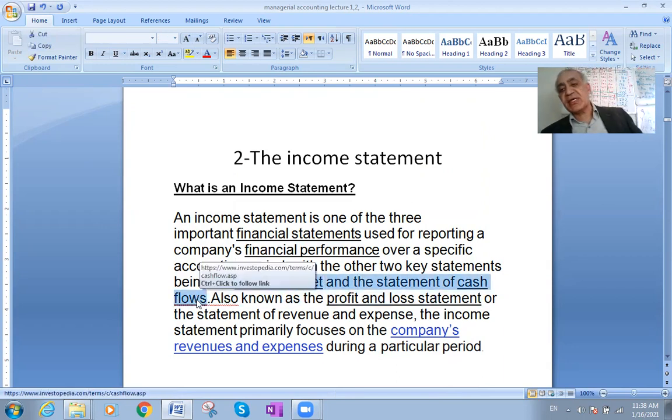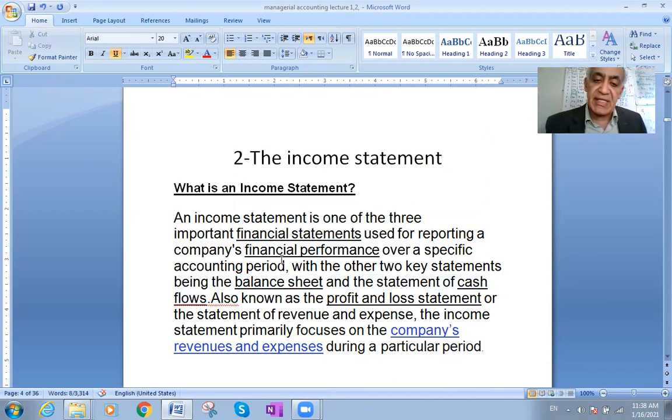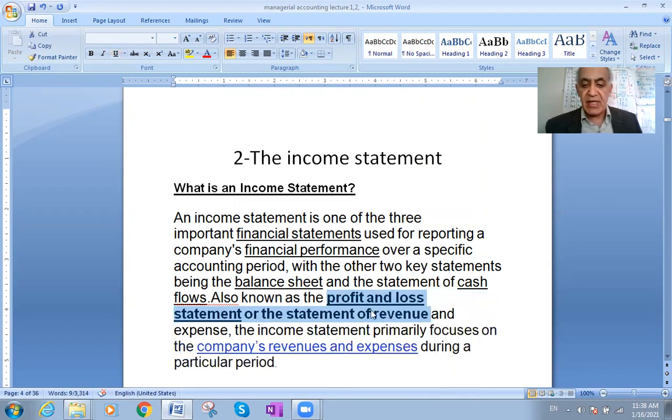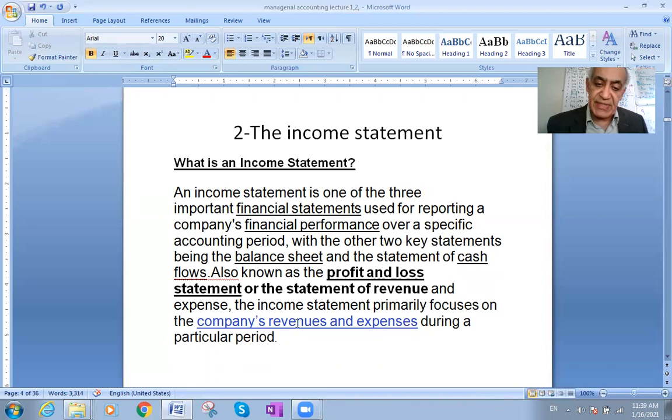We don't study the statement of cash flow here. We will study only the balance sheet and the income statement. It has another name: profit and loss statement.